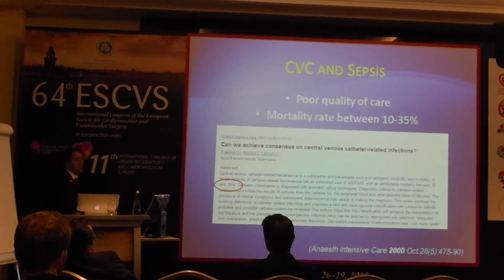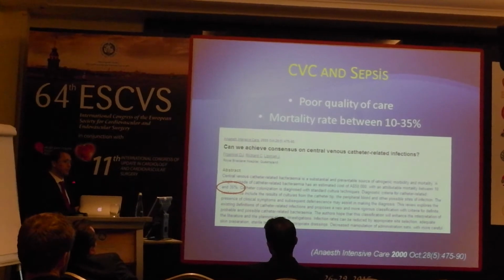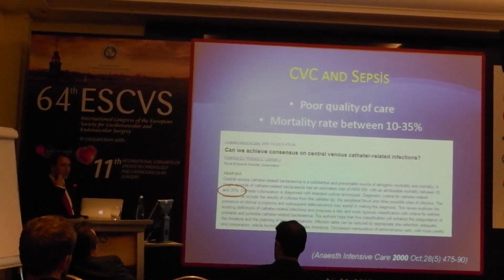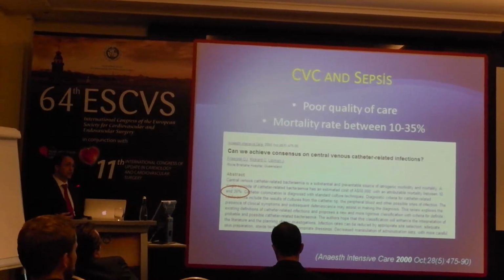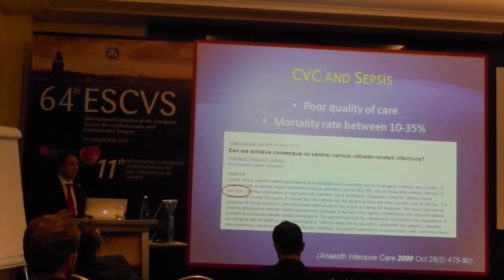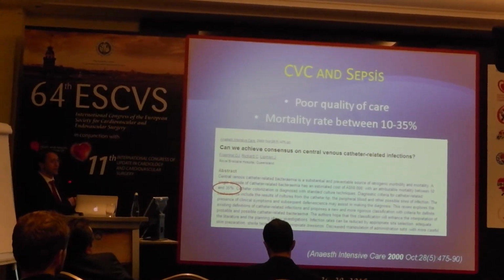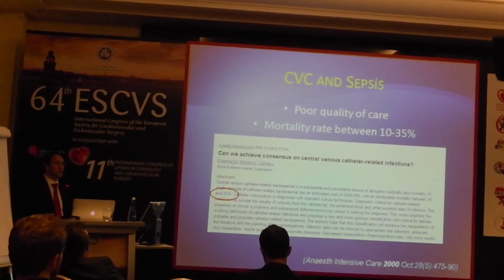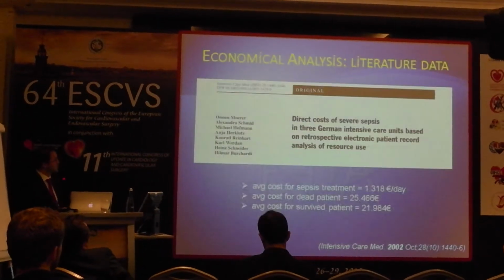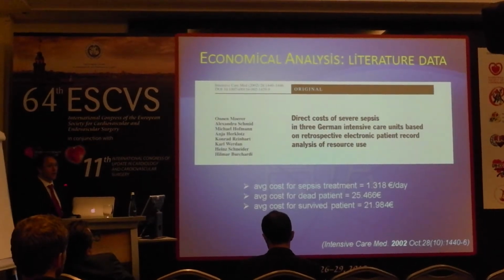That means that we have some bacteria in our blood. It can happen often after like dental surgery, or like in this case about central venous catheter implantation or dialysis catheters. Okay, and we can see that in 35% this bacteremia can become sepsis, and sepsis brings not only risk of death of the patient, but also cost.